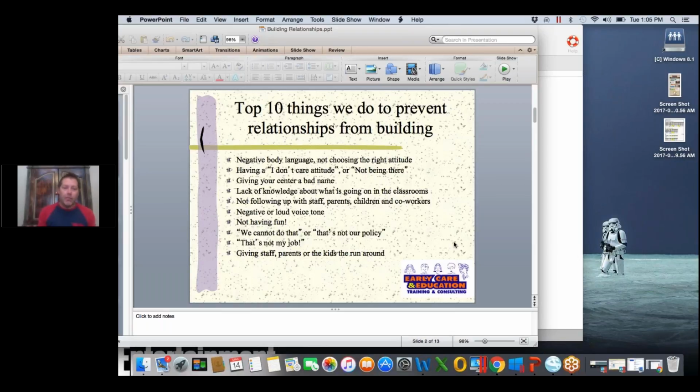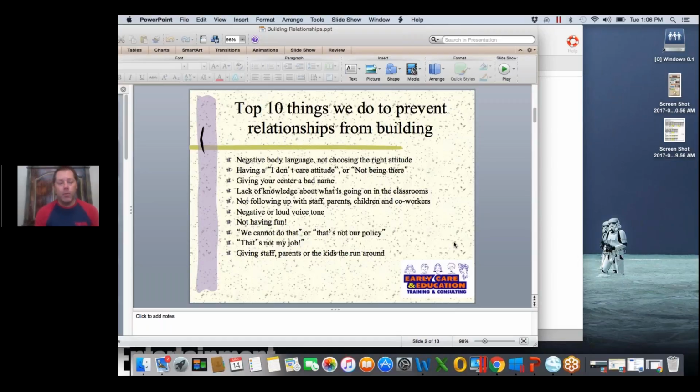So for your infants, your toddlers, and even some of your at-risk children who are nonverbal, you've got to rely on body language and tone to form that relationship. Those of you working in an infant room or a toddler room, pay close attention to body language and tone at all times. Children pick up on this.